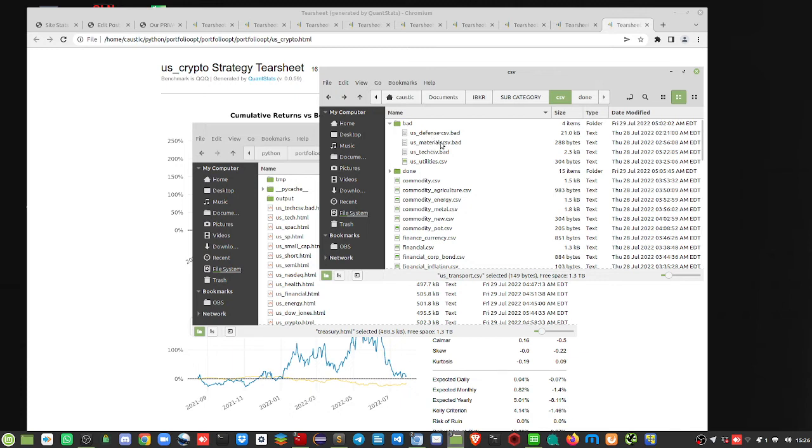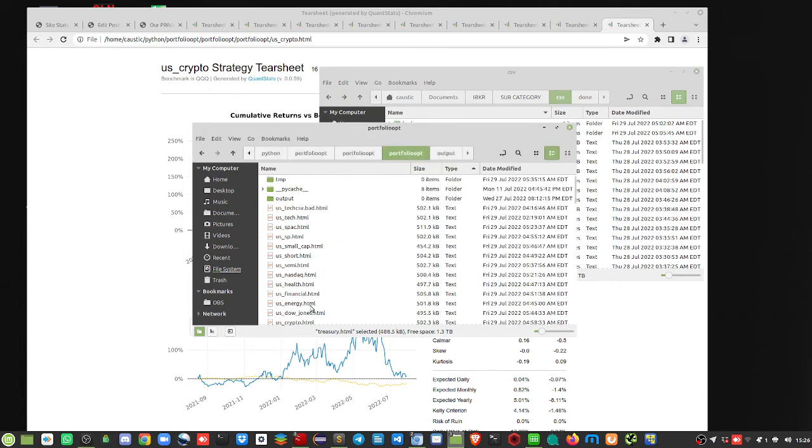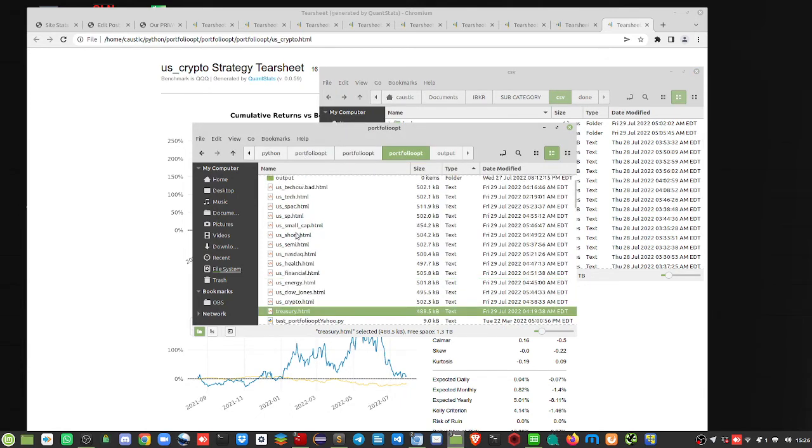I have to look into why that is. I don't know, but I'll just say these are the bad sectors for now, but I'm hoping to get those working. Everything else works.